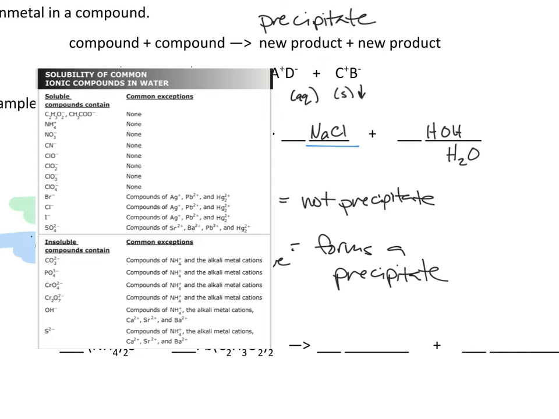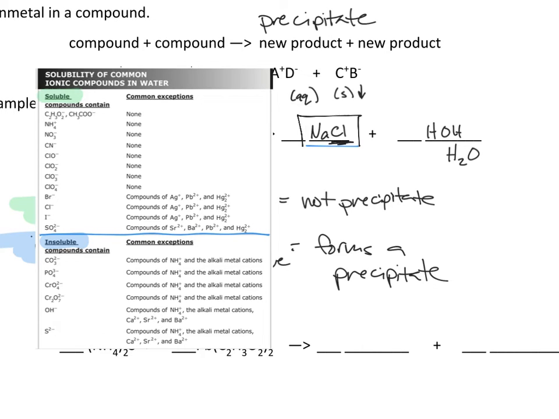But here's how you use this chart to figure it out. You've got two sections divided right there into soluble and insoluble. So the soluble side is up top, the insoluble side is down bottom. Remember that soluble means it does dissolve, insoluble means it does not. And what you do is you look at the cation, the anion of your compound that you're trying to determine if it's soluble or not. So for sodium chloride, NaCl, the anion is chlorine.